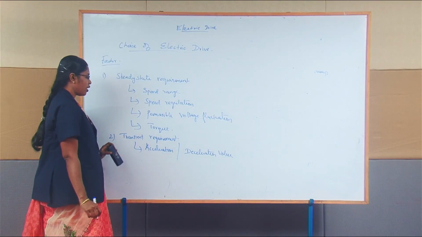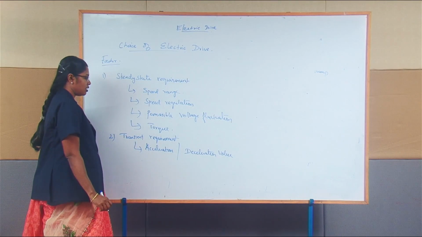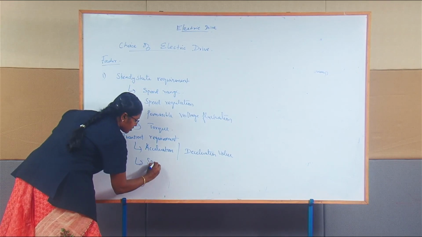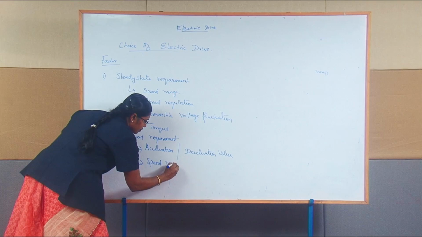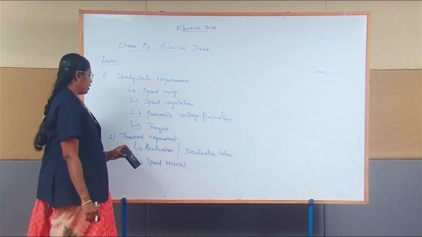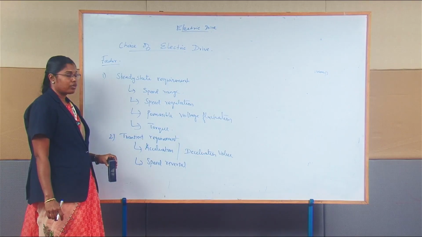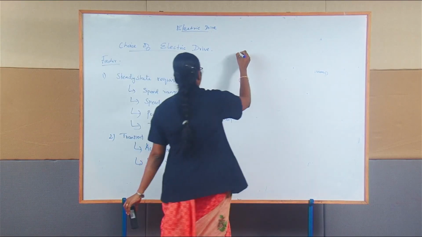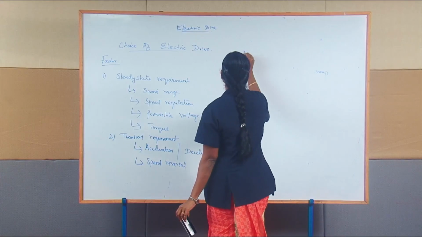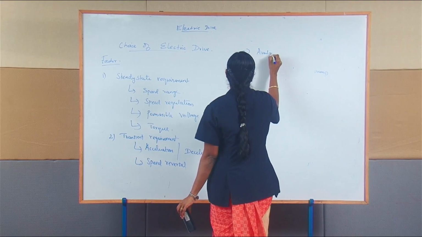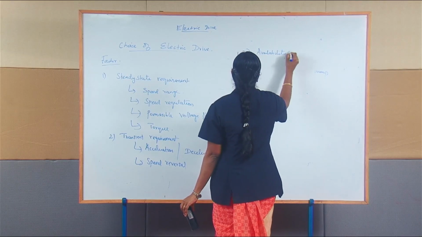For the transient requirement, we need to know about the acceleration and deceleration values, and speed reversal as well. We need to know whether it needs a very precise control, okay, any particular sequence to be followed, all these things. And thirdly, the third requirement is about the source, availability of source.